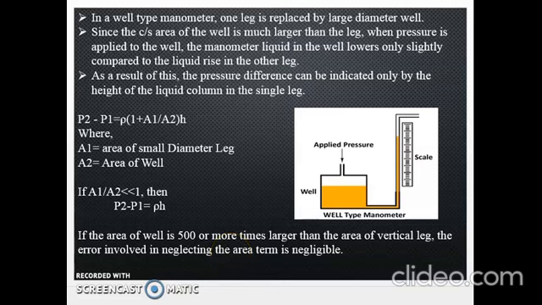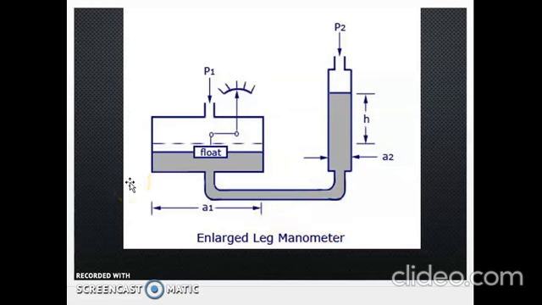Another type, the enlarged leg manometer, is also possible. It is quite similar to the well type manometer. In the enlarged leg manometer, the vertical leg is also somewhat enlarged, and in this construction we can use a float and pointer assembly to show the differential pressure on a calibrated scale.